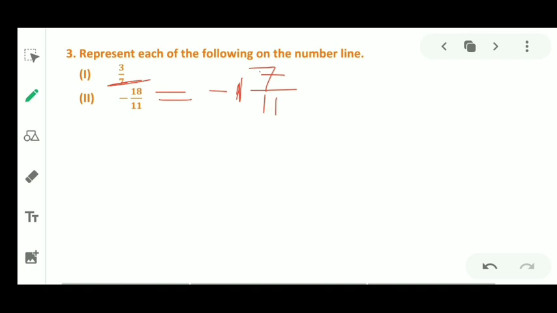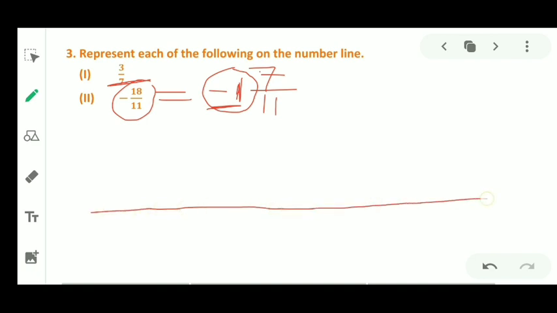Okay, here the whole number minus 1 tells us that minus 18 by 11 lies between the number minus 1 and the next number, that is minus 2. So minus 18 by 11 lies between minus 1 and minus 2.